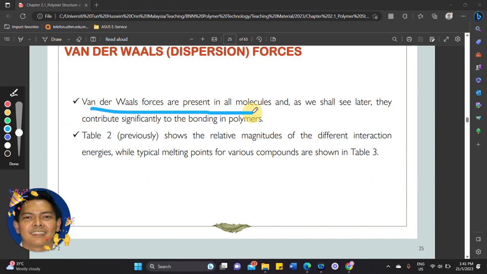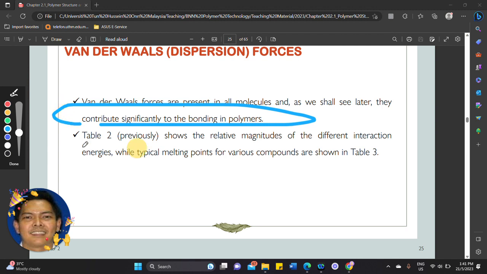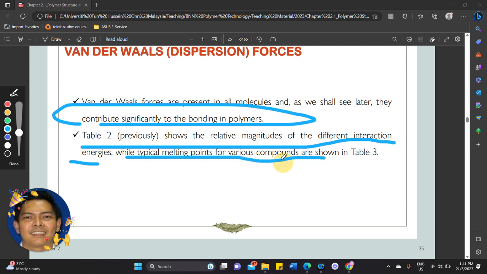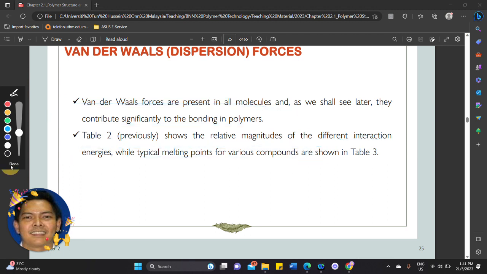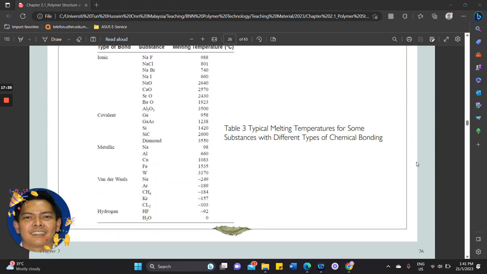Van der Waals forces are present in all molecules, and as we can see, they contribute significantly to the bonding of polymers. Table 2 previously showed the relative magnitude of the different interaction energies, with typical melting points for various compounds shown in Table 3.